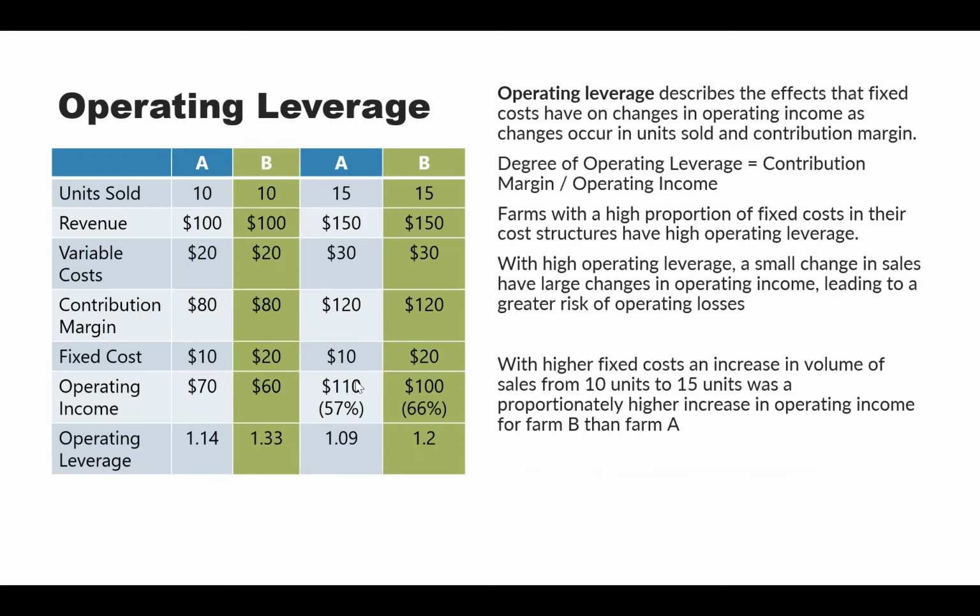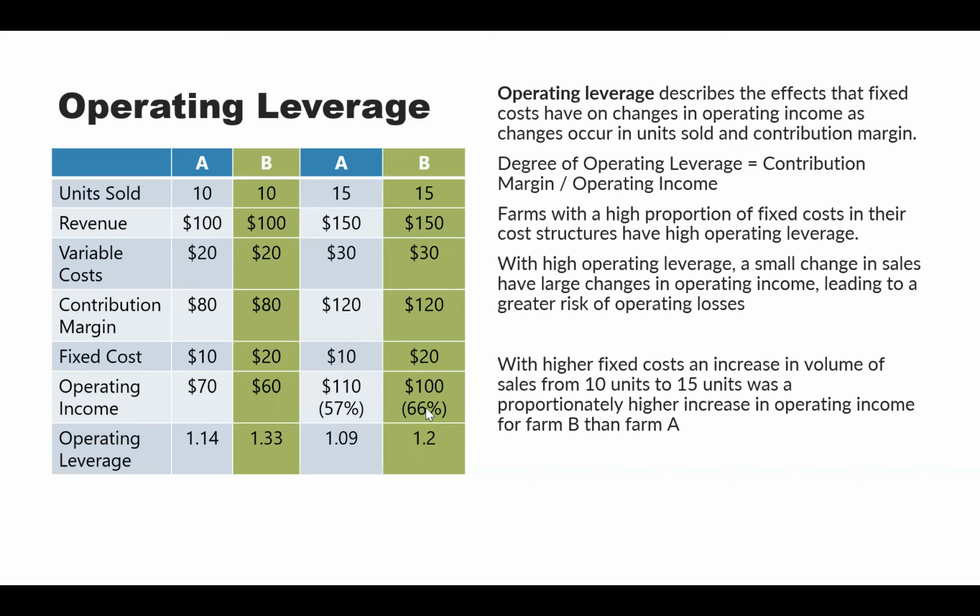If they sell 5 more units, farm A's operating income goes up to $110, and that's a 57% increase. But for farm B, with 5 more units, their income goes up to $100. And you say, well, yeah, that's still less than farm A's. Yeah, but it's a 66% increase.